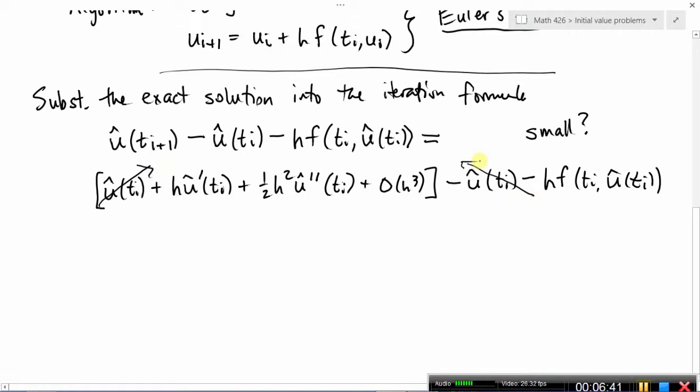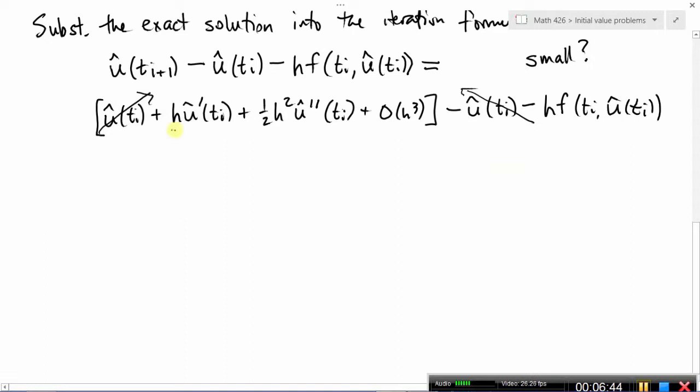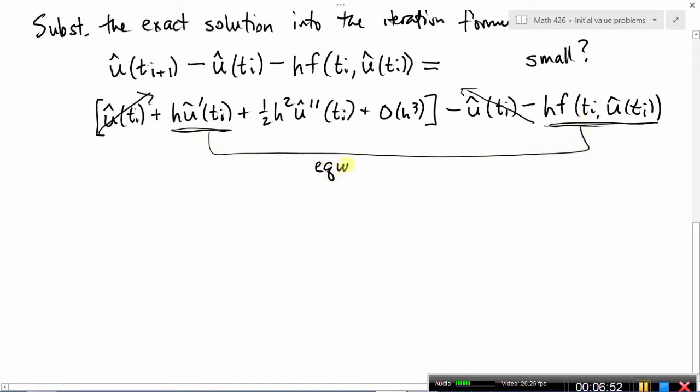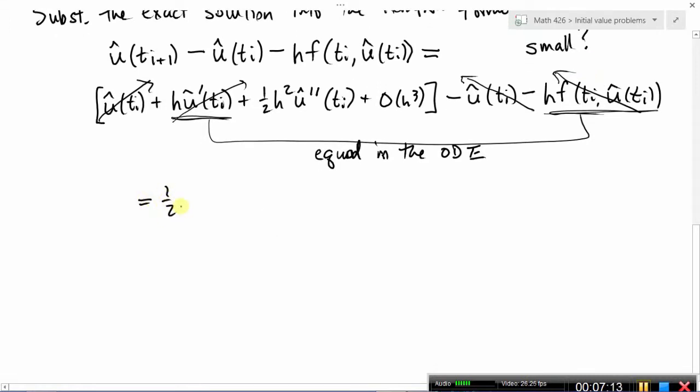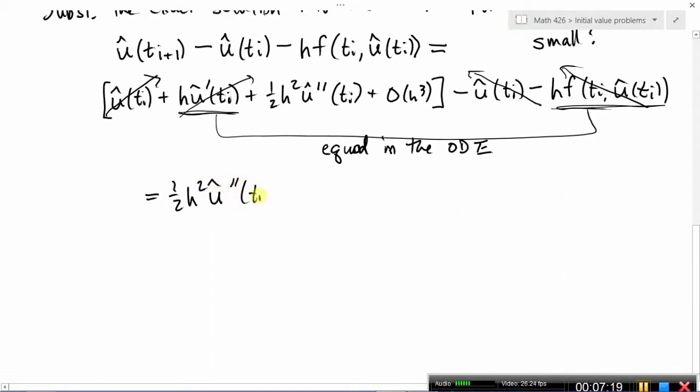But also this term and this term are equal thanks to the ODE. So they cancel out too. And so what we're left with is 1/2 h squared u hat double prime of ti plus third order terms and higher.